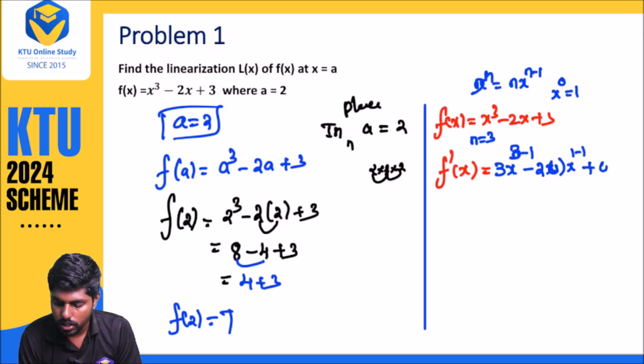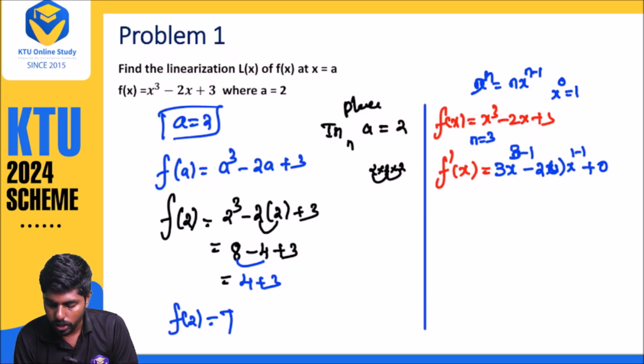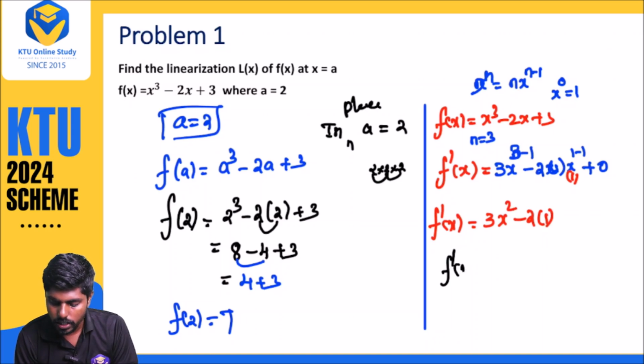Plus constant: when you differentiate a constant, it becomes 0. So f dash of x is equal to 3 into x square minus 2 into 1. So we have identified f dash of x is equal to 3x square minus 2.